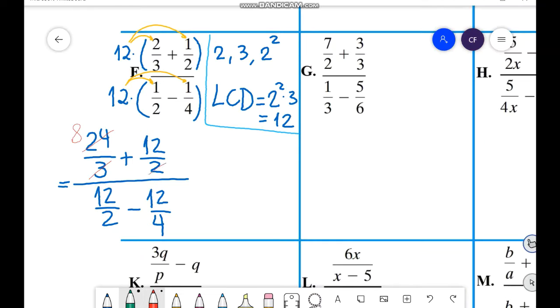This is 8, this is 6, this is 6, this is 3. 8 plus 6, 14. 6 minus 3, 3. That is the answer after you apply method number 2. Here, this is method number 2, right?